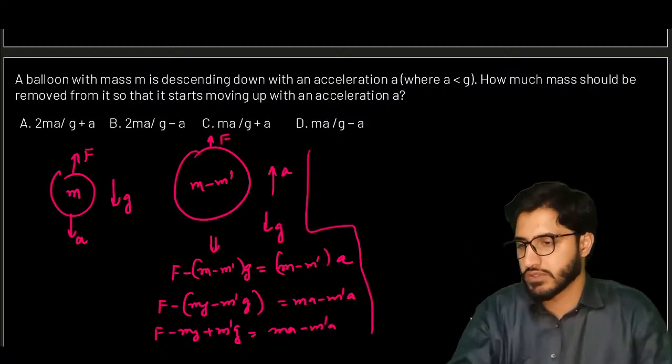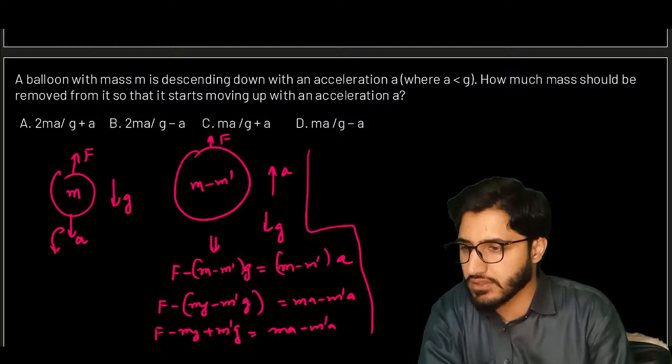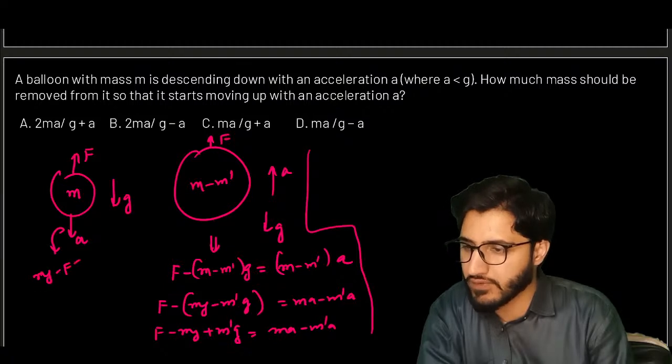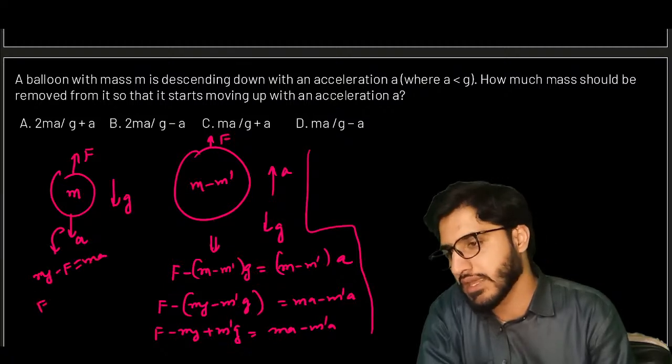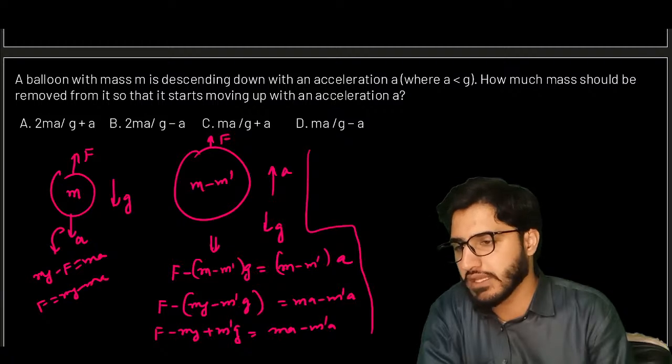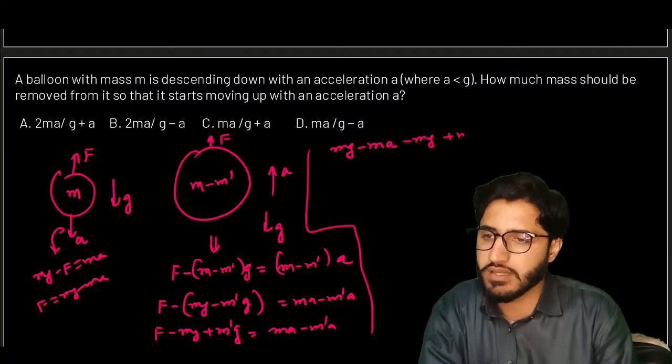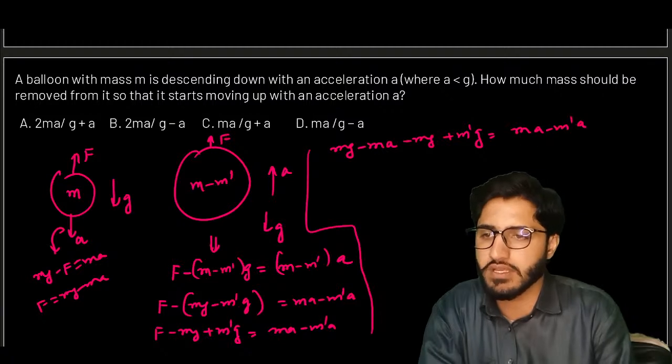Okay, so I can write that mg downward: mg minus F equals m into a. So F came out to be mg minus ma. So I can write mg minus ma minus mg plus m dash g equals ma minus m dash a.